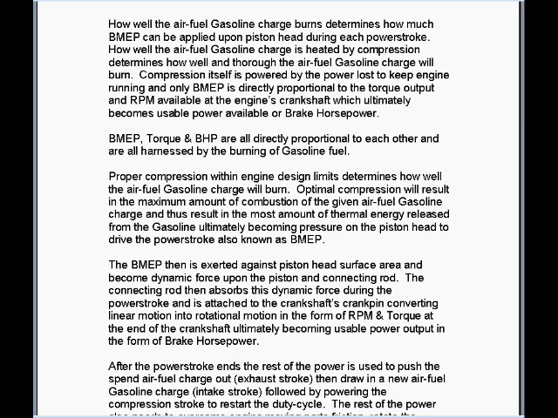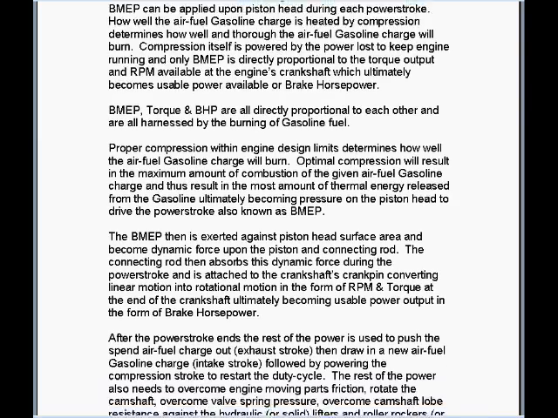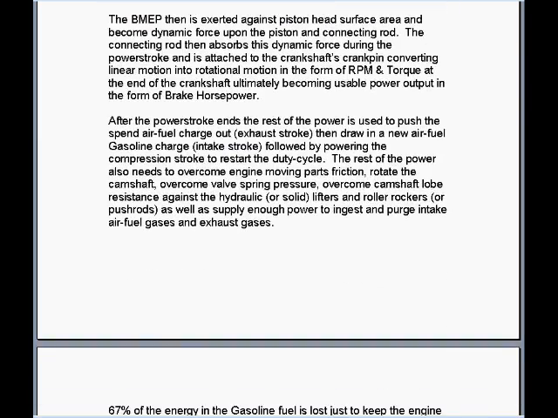Optimal compression will result in the maximum amount of combustion of the given air-fuel gasoline charge, and thus results in the most thermal energy released from the gasoline, ultimately becoming pressure on the piston head to drive the power stroke, also known as BMEP.